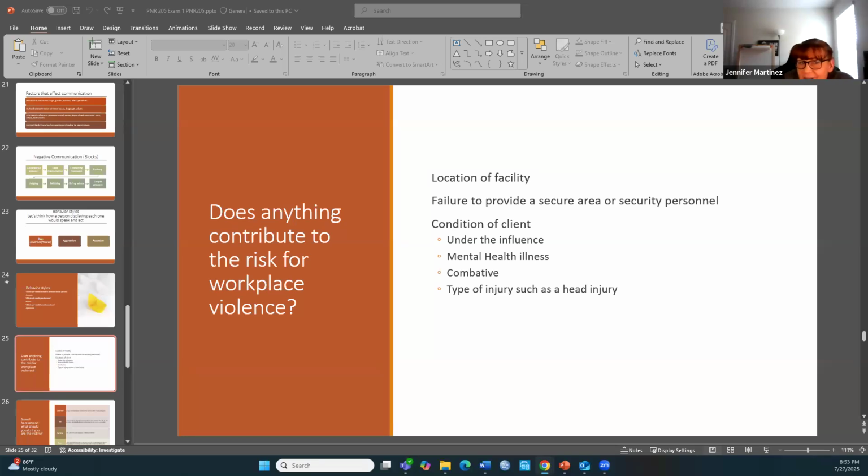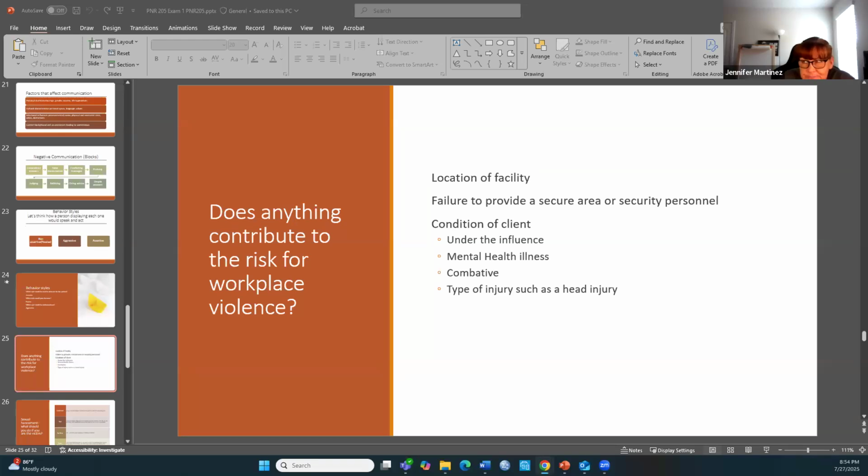Are we in an inner city? Are we in a rural area? Failure to provide a secure area or security personnel. Does the hospital have security? Mostly in the emergency rooms. And I'm not saying emergency rooms are the only place we could experience violence, but that's where the majority of our patients come through, so making sure that we have a good security presence.